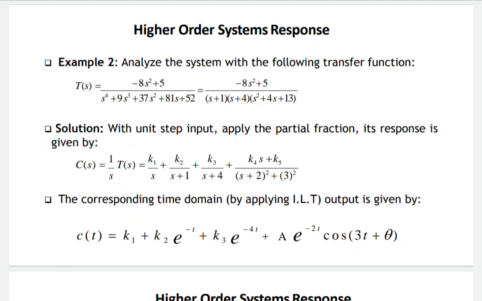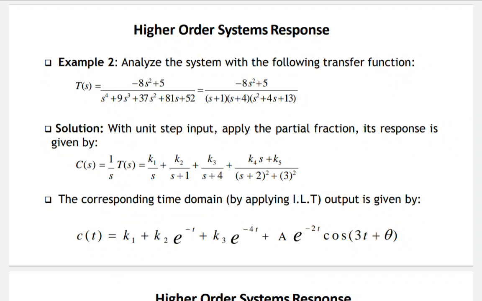Now see, we can rewrite c of s as 1 by s, which is the Laplace transform of the unit step, into t of s. We can represent the above expression with the help of partial fractions, that is k1 by s plus k2 by s plus 1 plus k3 by s plus 4 plus k4s plus k5 divided by s plus 2 whole square plus 3 whole square.